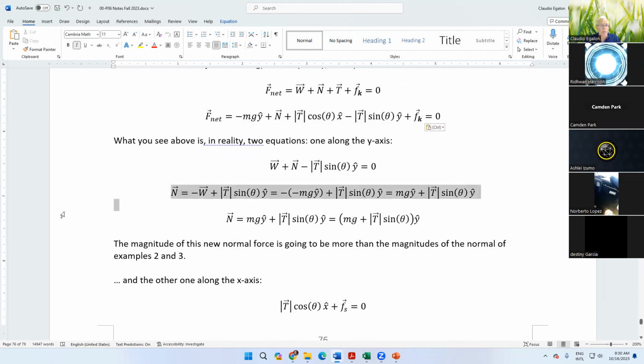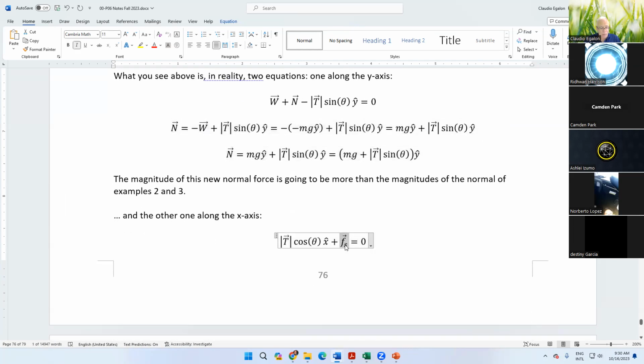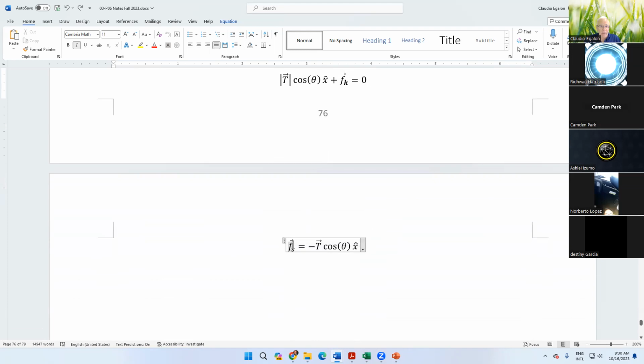Here I'm dealing just with the vertical component. It doesn't change at all. Here I'm dealing with the horizontal component. That's what changes. And we can find the force of kinetic friction if we know the tension and the angle at which the tension is oriented.